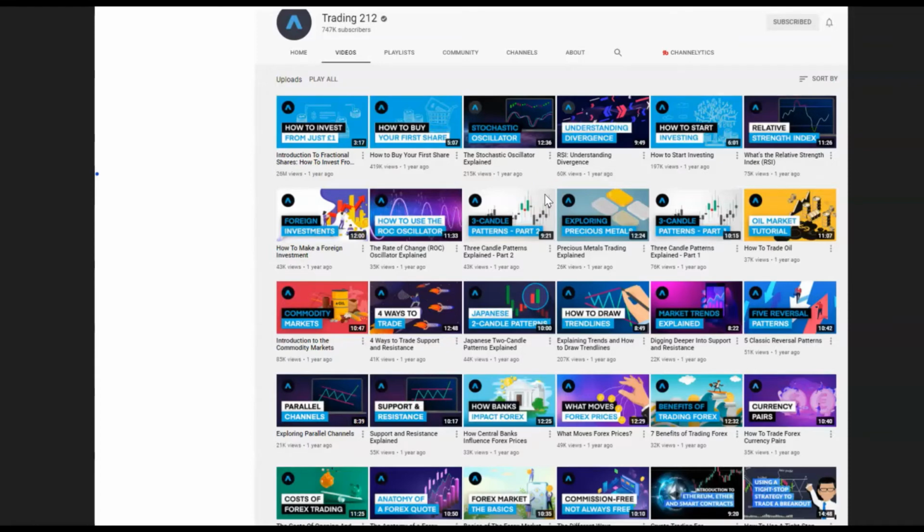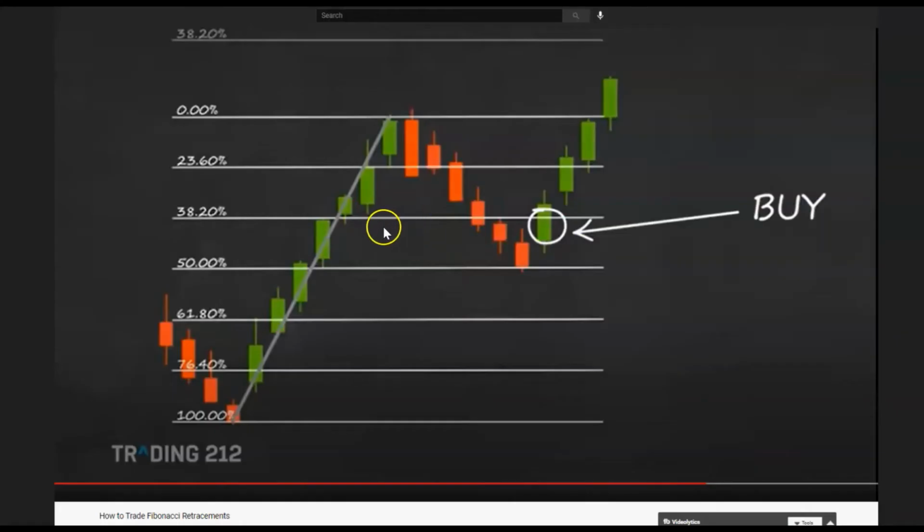It has so many things out there: support, resistance, channels, MACD, RSI, everything you want to know. And it's well thought out. They've been doing it for years, and the speakers are well spoken. It's worth a look.